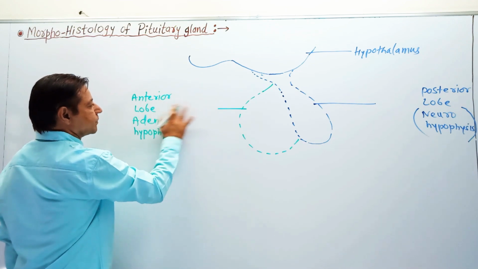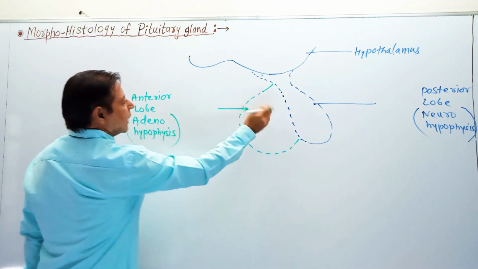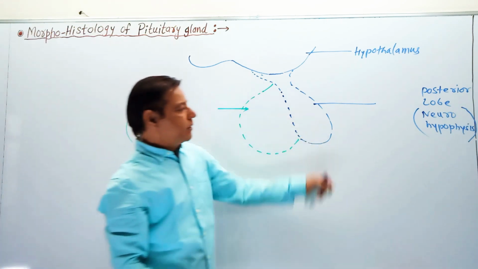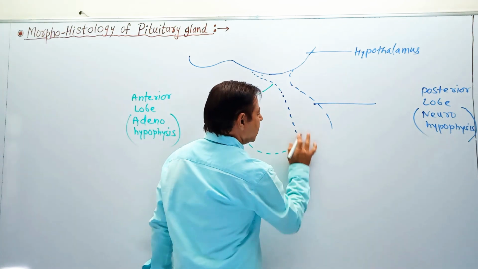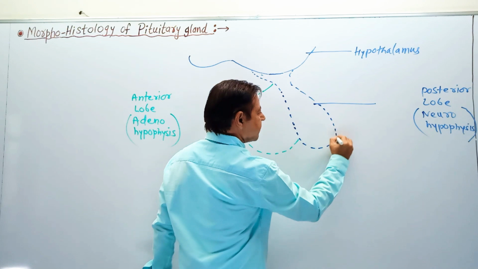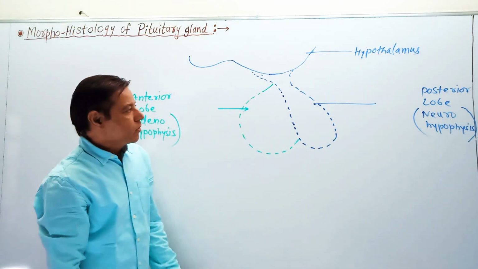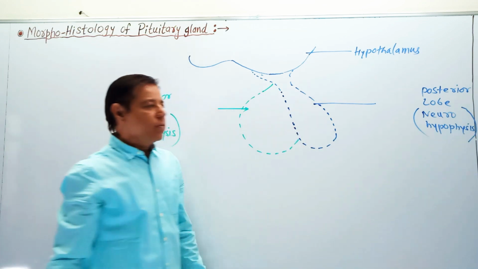This one anterior lobe and this one is the posterior lobe. In this way, the gland looks somewhat P-shape or somewhat oval, P-shape. Anterior lobe larger, posterior lobe smaller.